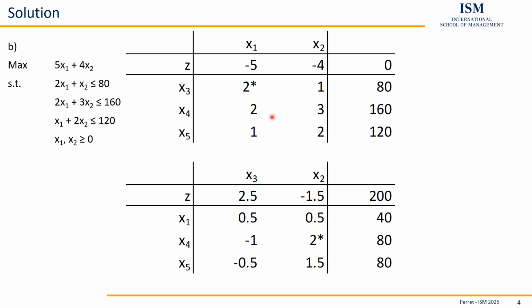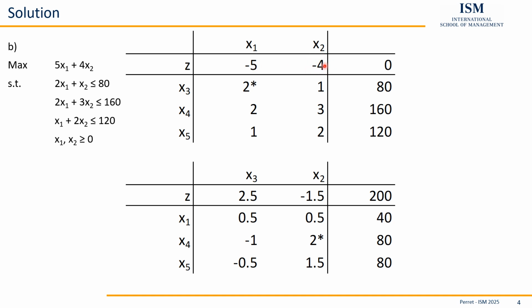Now I have to calculate all the other values. For this, I'm going to use a rectangle scheme, which works as follows. I consider the number I want to change. For example, here, this minus 4. Then I take this as one corner of a rectangle and the pivot element as the opposing corner, giving me this rectangle. And then I do the recalculation the following way.